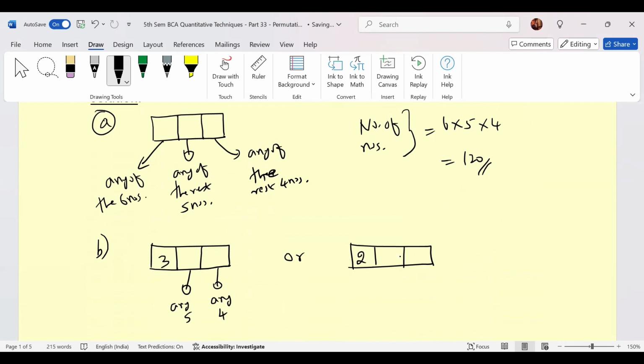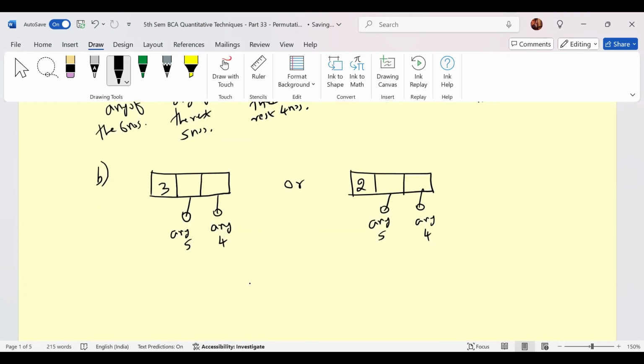Same logic here, any 5, any 4. Which means the number of numbers that are possible is 5 into 4 plus 5 into 4. So it becomes 20 plus 20, that is 40 numbers.